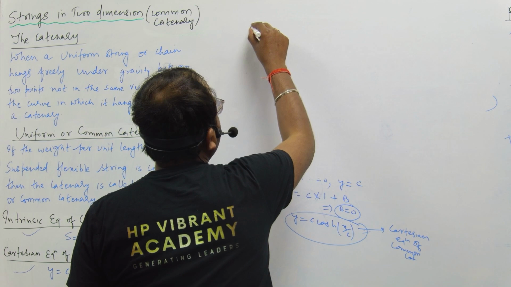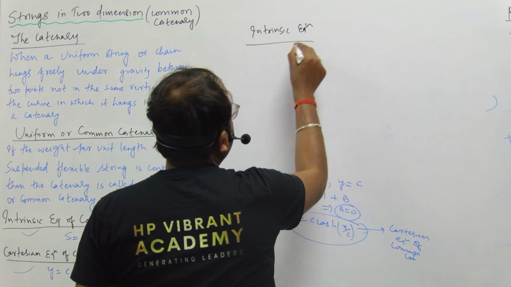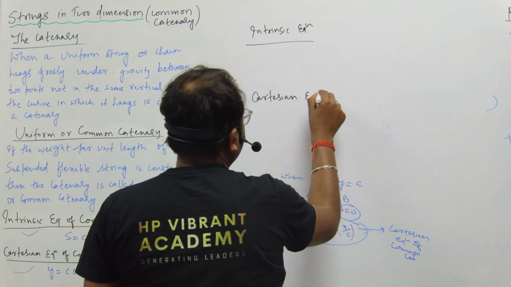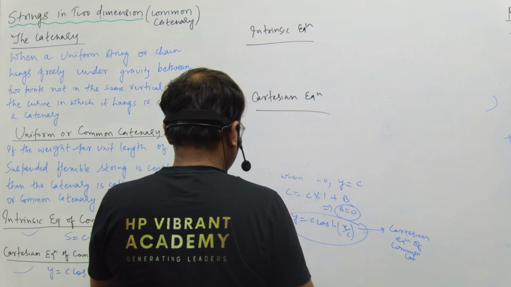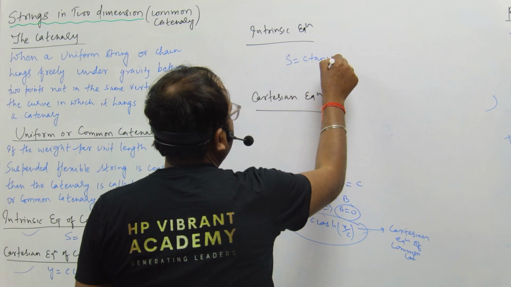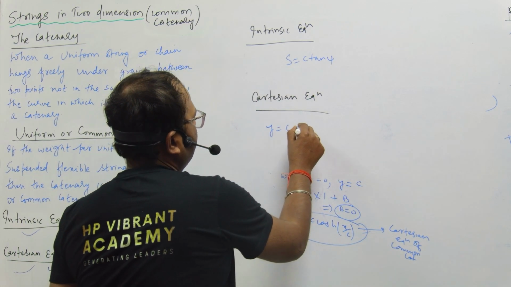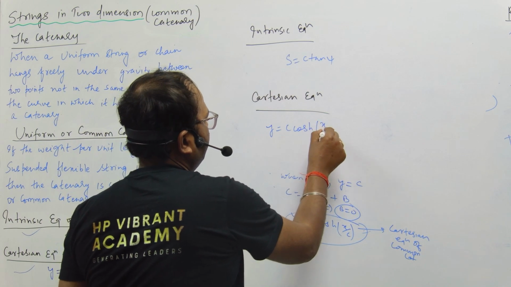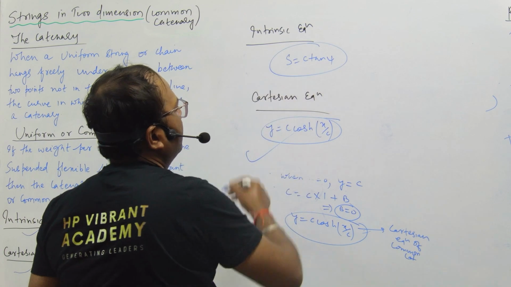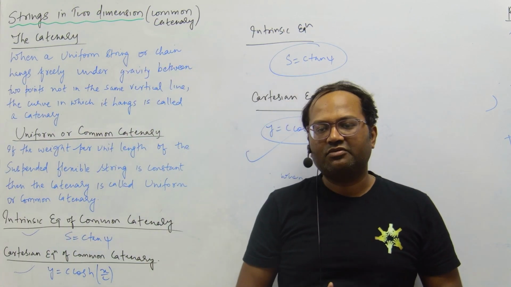The intrinsic equation is s is equal to c tan psi, and the Cartesian equation is y is equal to c cosh of x/c. We will discuss further concepts in the next lecture. Thank you.